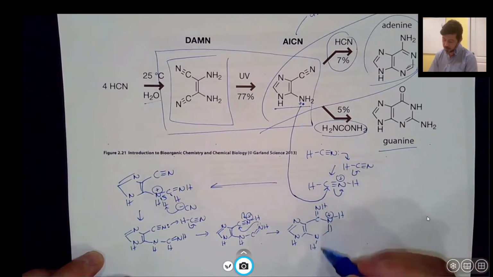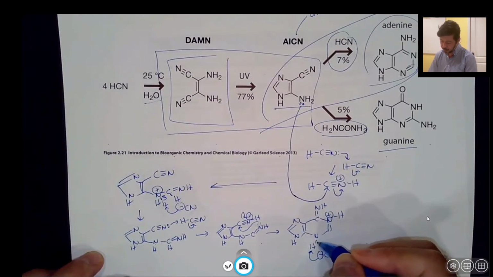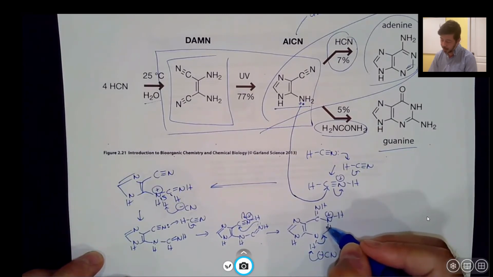So at this stage, it's a lot of proton transfer movements. And again, I'm always following the organic chemistry rules. So I'm going to pick up that proton, form a double bond here. If I do that, I have to break that pi bond. Okay, so now we're going to form a double bond there.